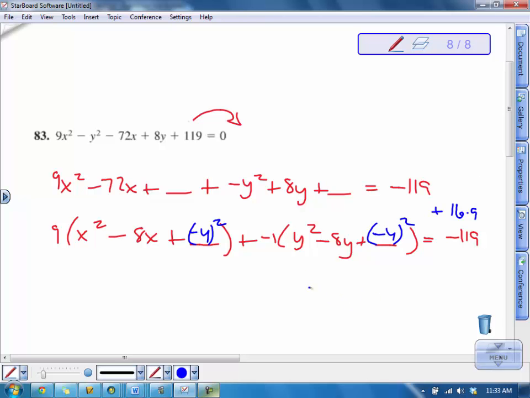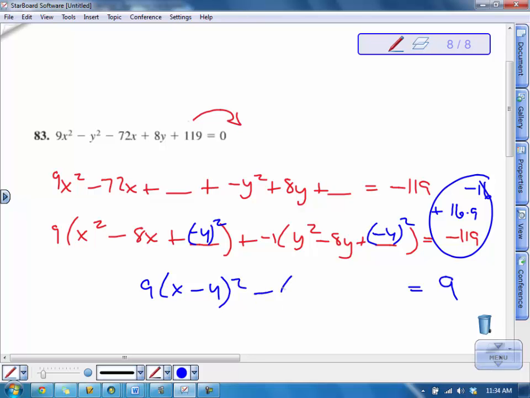So I'm adding a negative 16 here, which means I need to add a negative 16 here as well. Okay, this then becomes 9 on the right side. These are perfect square trinomials, so you'll have 9 times x minus 4 squared minus y minus 4 squared.